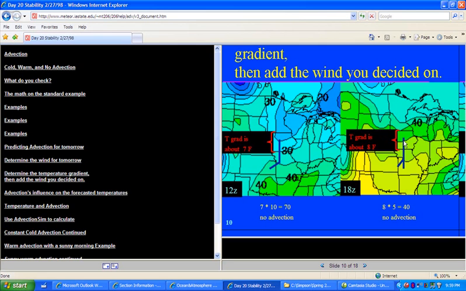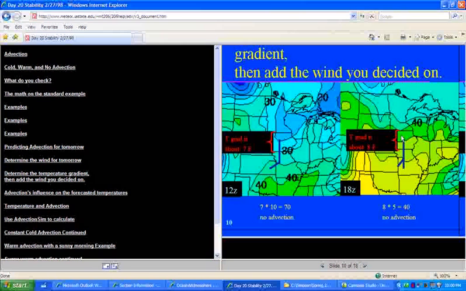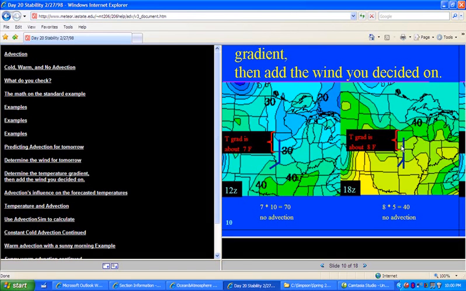Same thing here. If you look, we have a southerly wind at 5 knots. It's 40 degrees over northern Iowa, 45 over central, and about 47, 48 over southern Iowa. We have about an 8-degree change over the state of Iowa and a 5-knot wind. Again, from our previous example, that's not considered significant advection. So really, you can just eyeball these with your general rule of thumb.